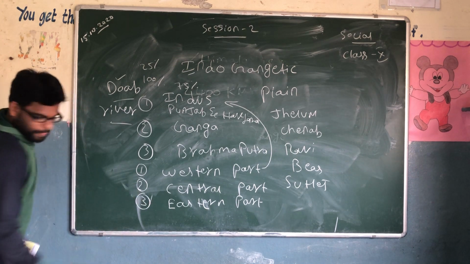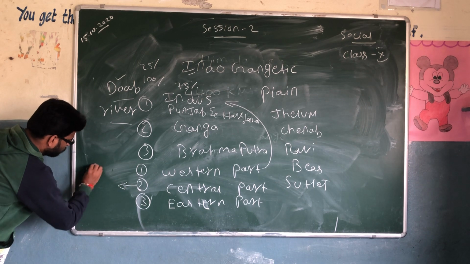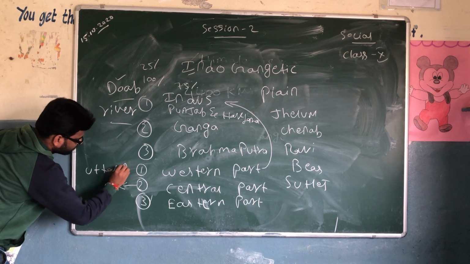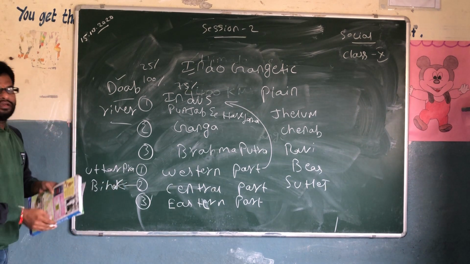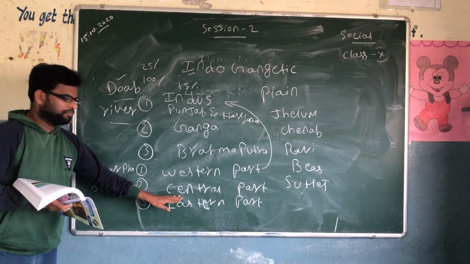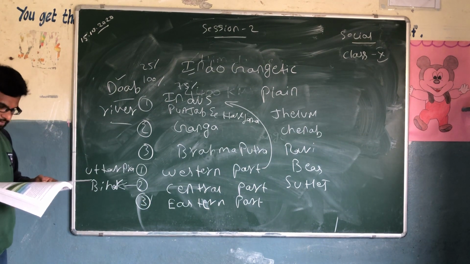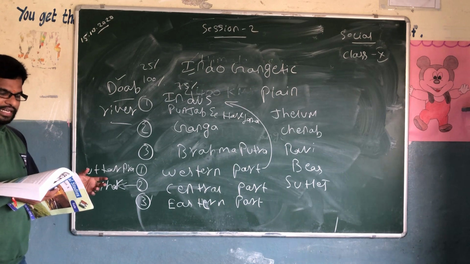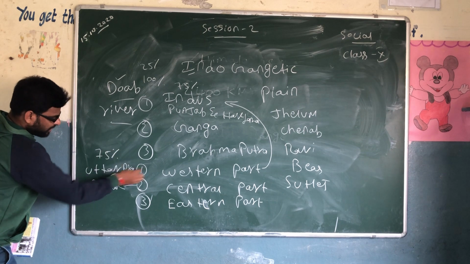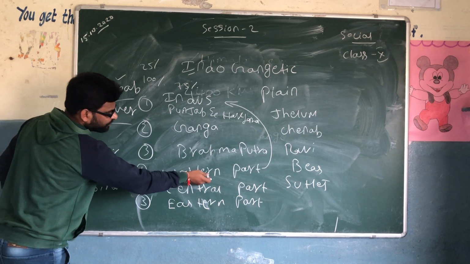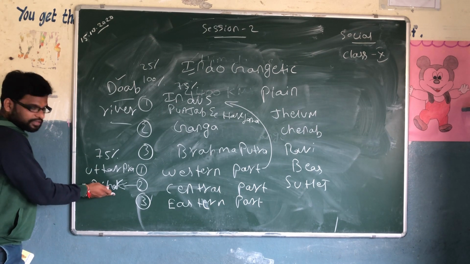Uttar Pradesh and Bihar. Most of the proportion is flowing in Uttar Pradesh and Bihar, and partly in Haryana. As I told, 75% of the Ganga river is in Uttar Pradesh and Bihar.